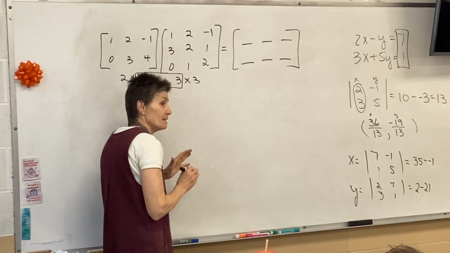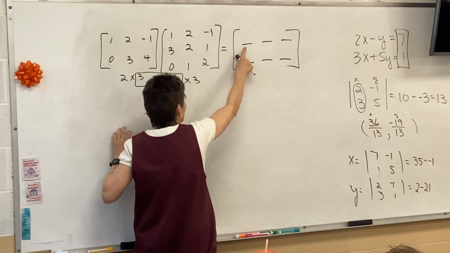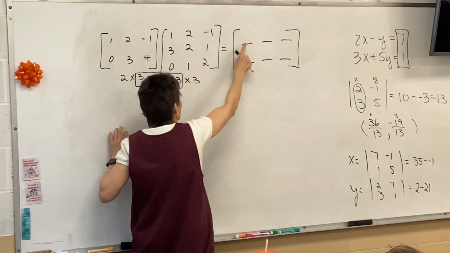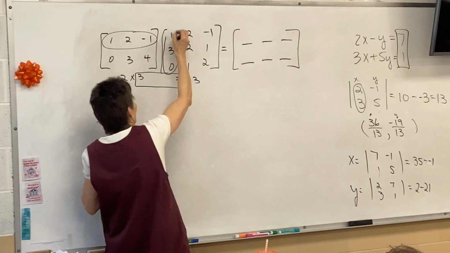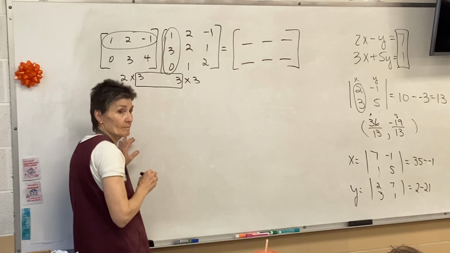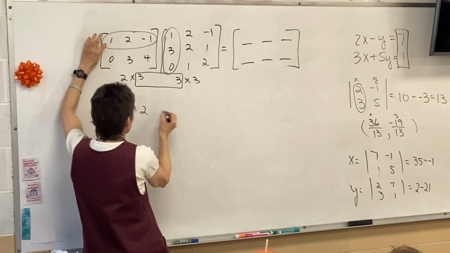Now, there's a lot to keep track of here because we have a lot of numbers. To fill this spot, right here where I'm pointing, that's going to be row 1 and column 1. So we write down our row numbers, 1, 2, -1.